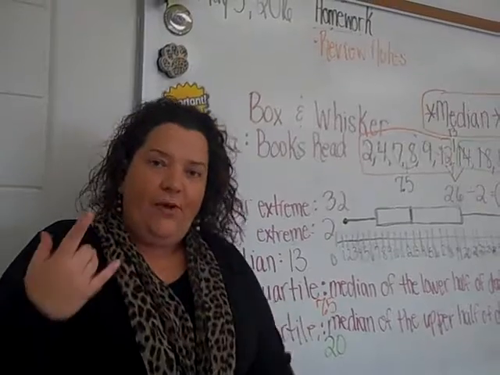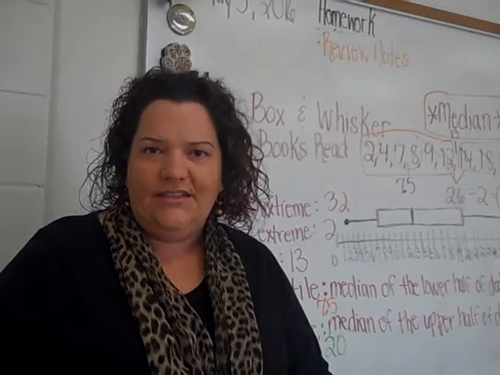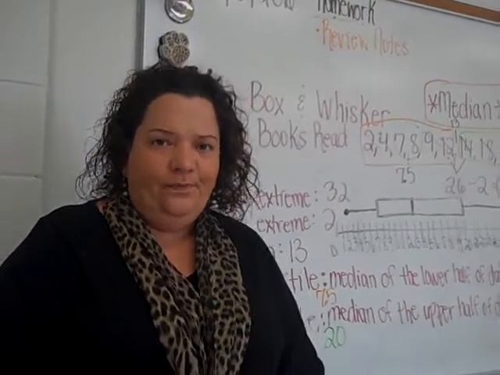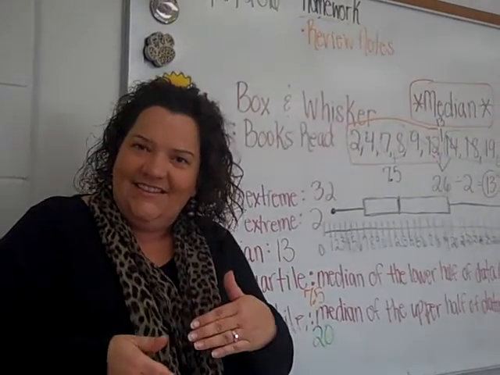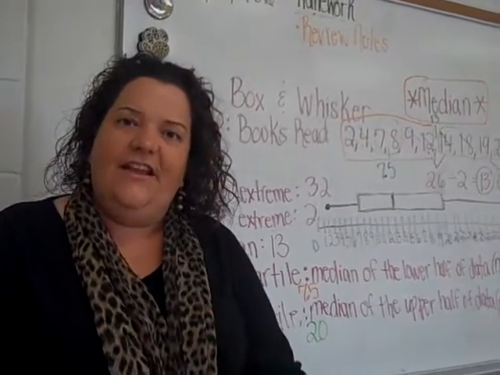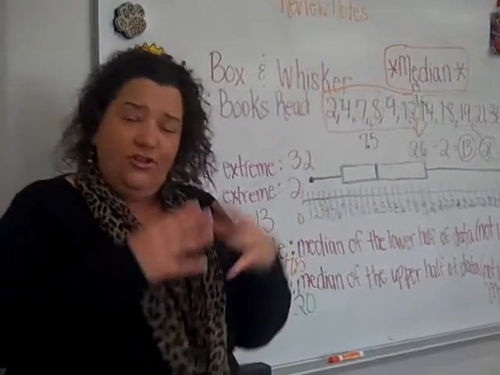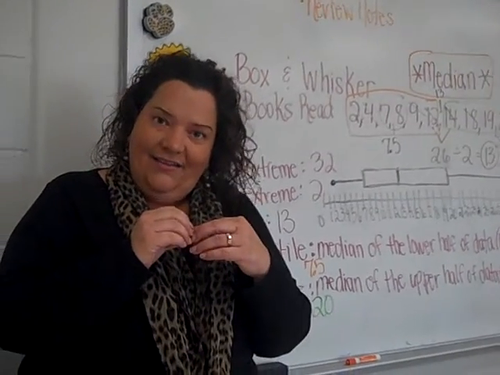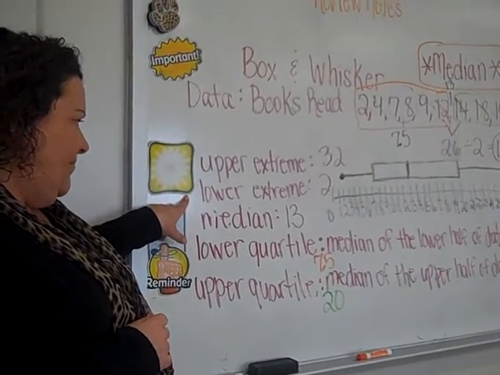Because one student read 32 books, that's the greatest amount of books in our set of data, so the upper extreme would be 32. The lower extreme is just the opposite. The lower extreme is the lowest value in our set of data. So our lower extreme would be 2, because 2 is the least amount of books that a student read.